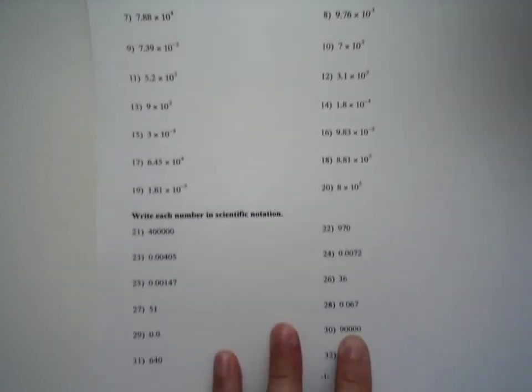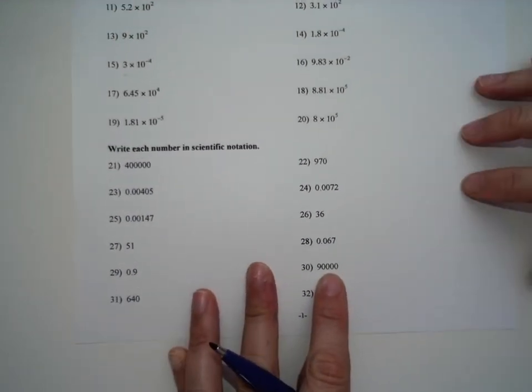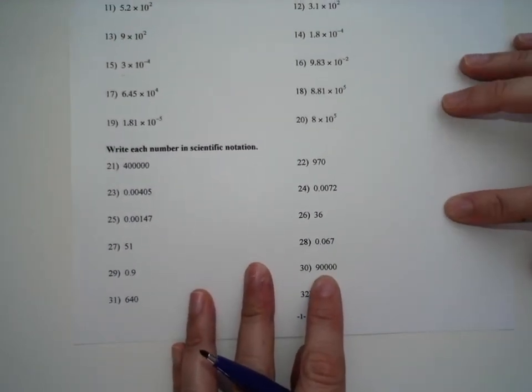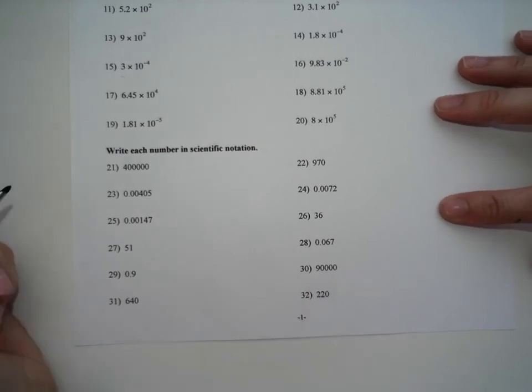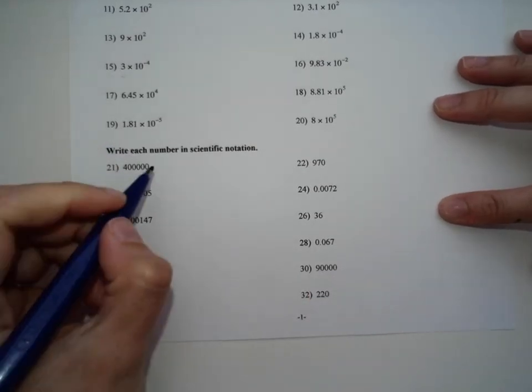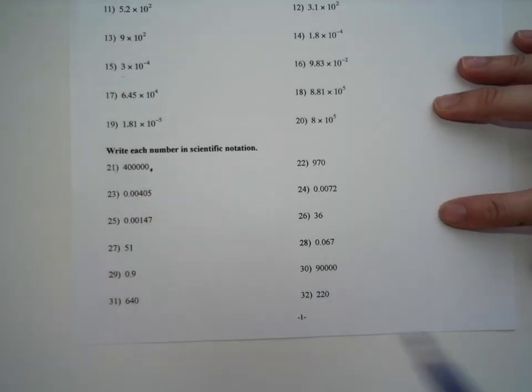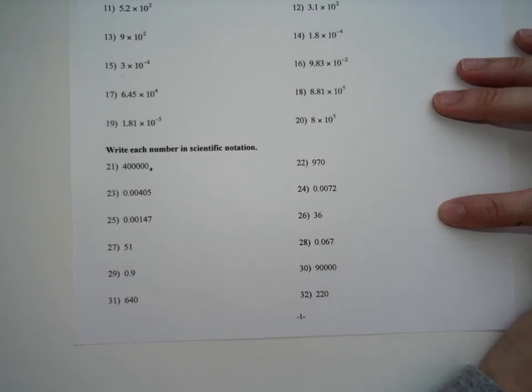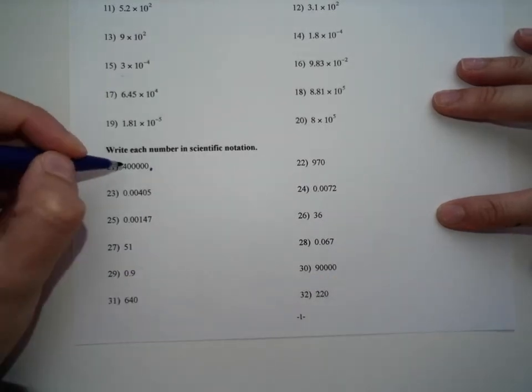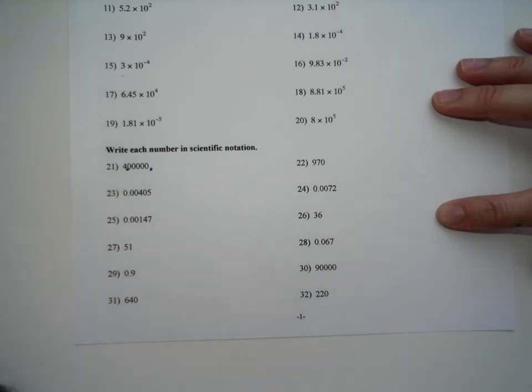Okay, let's move down a little bit, and we have to write these numbers in scientific notation. So for number 21, our decimal's right here at the end. We have to move that decimal until we get a number between 1 and 10. So I already know to make it between 1 and 10, I'm going to put it right there because 4 is a number between 1 and 10.